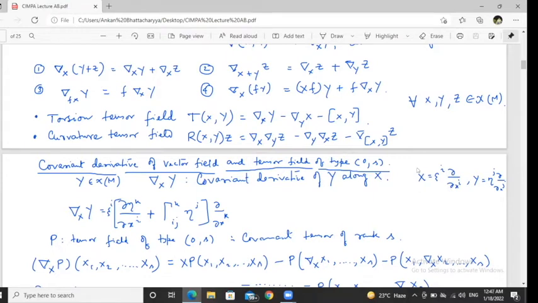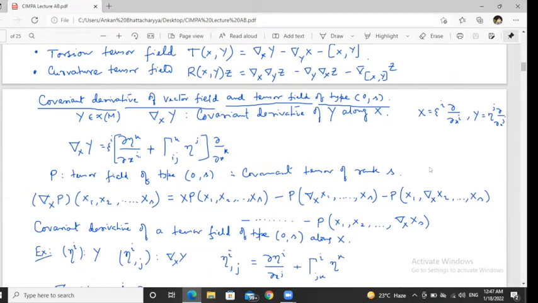So any vector X can be expressed as a linear combination of these, and Y can be written in the form η^j ∂/∂x^j, where ξ^i and η^j are differentiable functions, members of F(M), the set of all differentiable functions. This is its local representation. These local concepts are very useful in mathematical physics and in applied sciences. So this is the expression for the covariant derivative of Y along X.